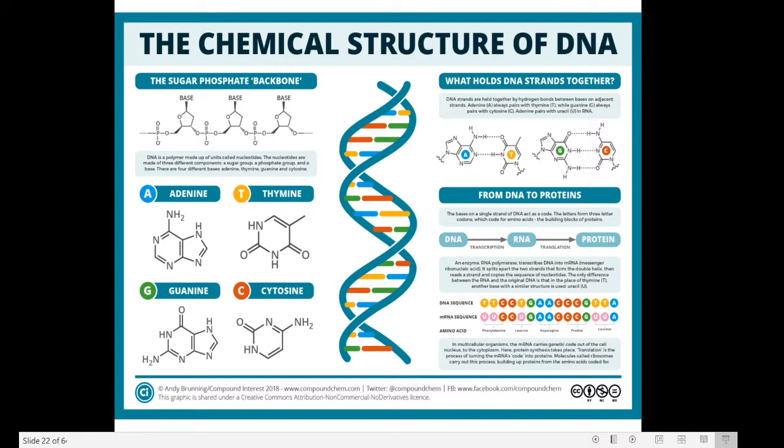Another thing is whether it is a pentose sugar or hexose sugar. Thymine has a six-membered structure, a benzene-like ring.